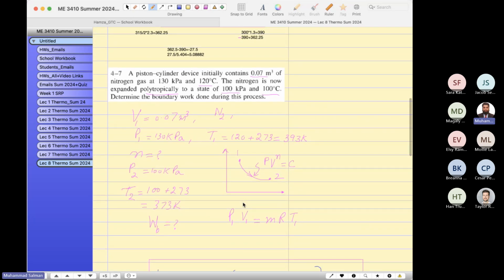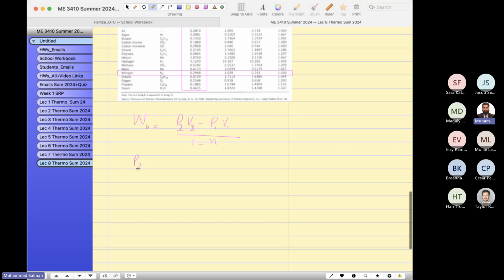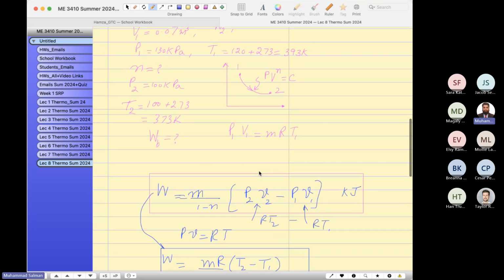And V1 we do have, V2 we do not have, but we can find out V2 by this gas equation. And we do not know M, but we can find out M from this gas equation.